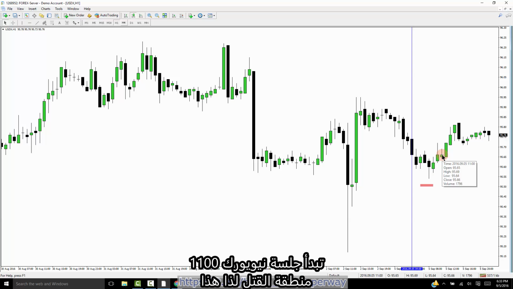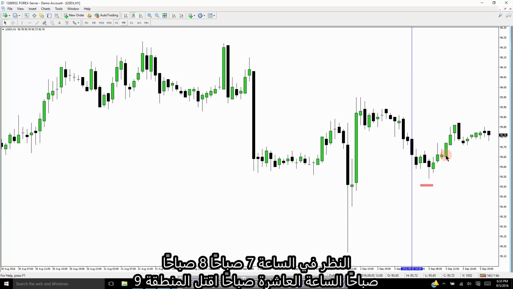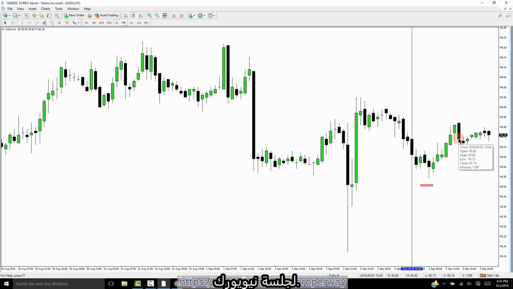So 1100 begins the New York session kill zone. That's 7 o'clock in the morning, New York time. So you want to be looking at 7, 8, 9, 10 o'clock. There's your kill zone for the New York session.